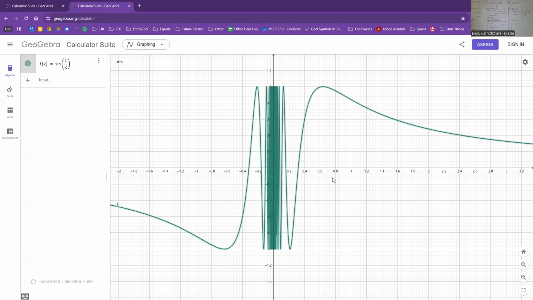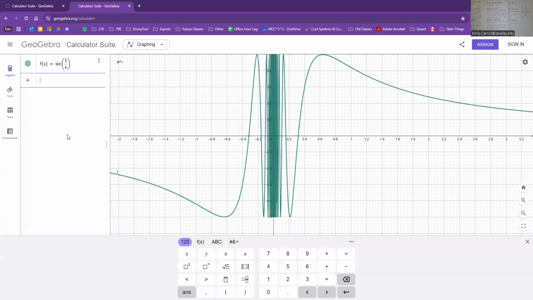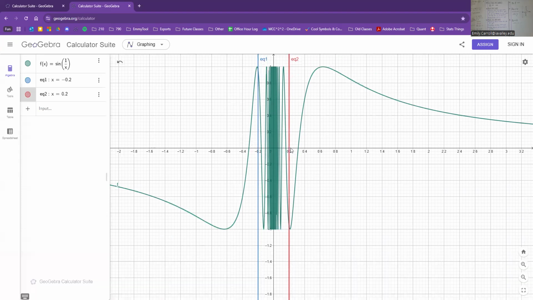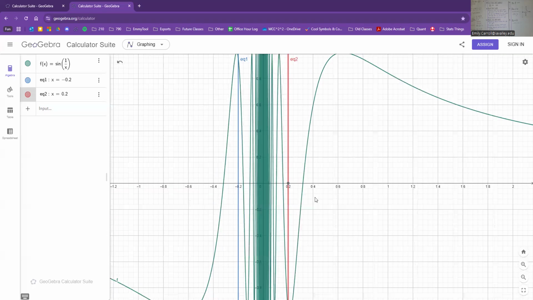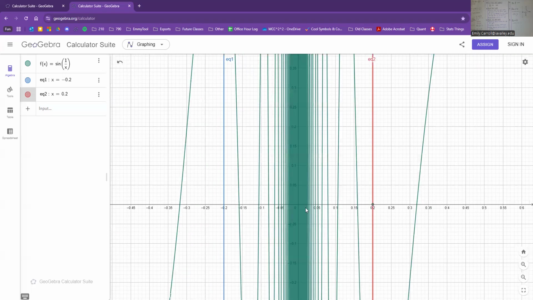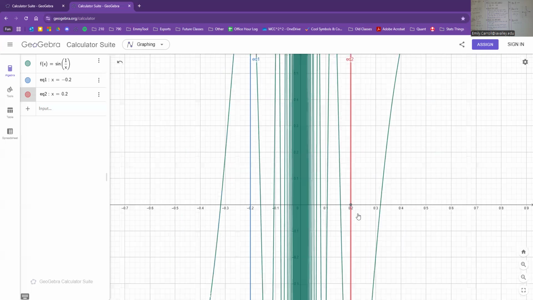If I look at any particular interval, here I can very easily see -0.2 to +0.2. Okay, if I take any interval around 0 like that, there are infinitely many places where the function value reaches both 1 and -1. Right? That's going to continue no matter how far I zoom in.